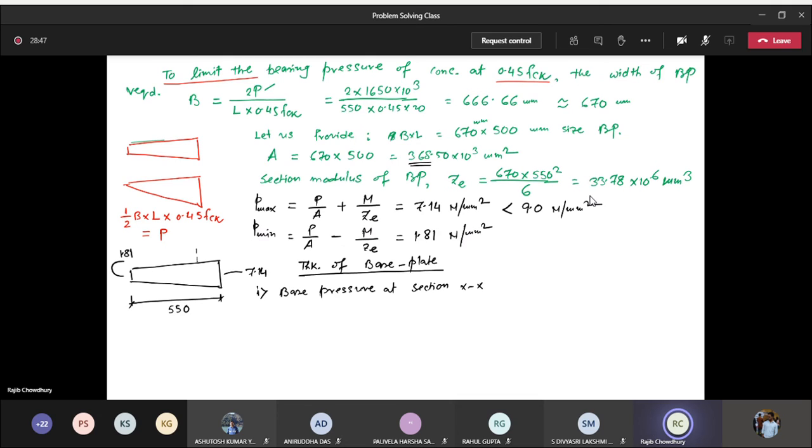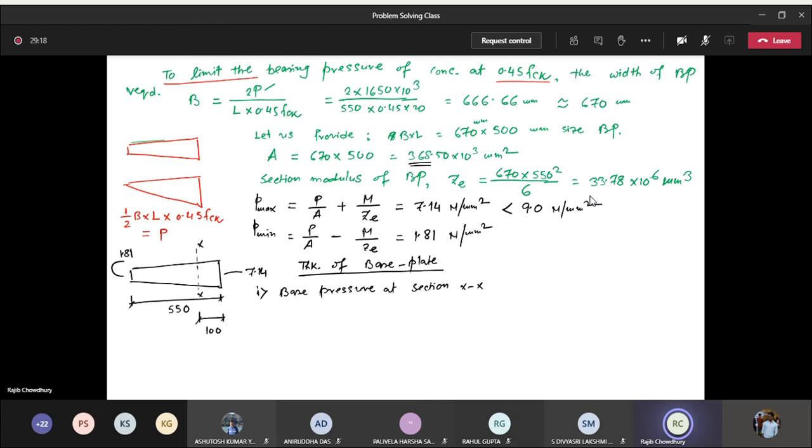So there is one section at this XX. Okay, at section XX. So this XX is going to lie at a distance 100 mm from the edge, because that was the assumed projection.